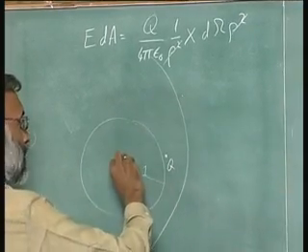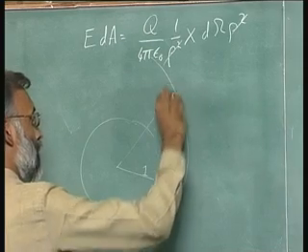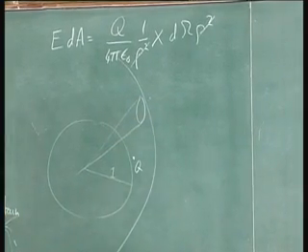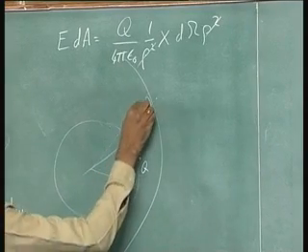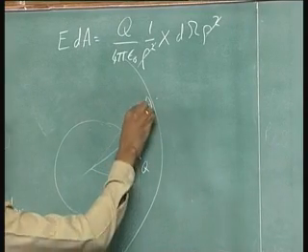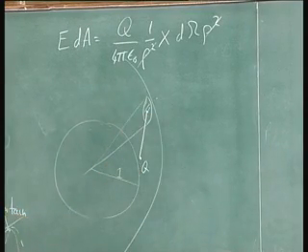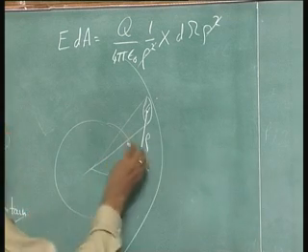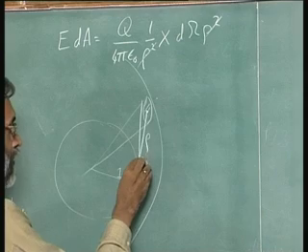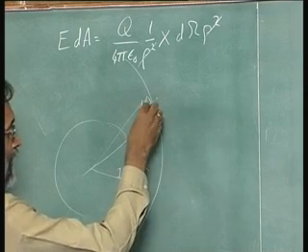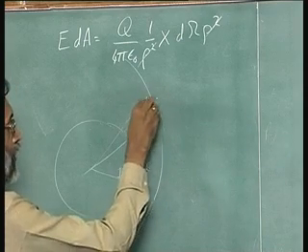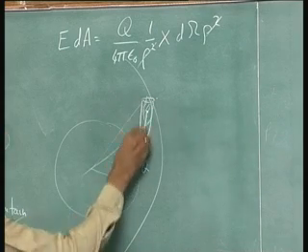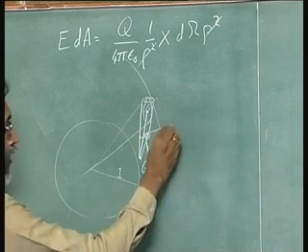So, I am looking at some cone from the center which is at a distance from this q. This distance is rho, and I am saying that when I draw this cone, there is a solid angle here, and this is what I call d omega.